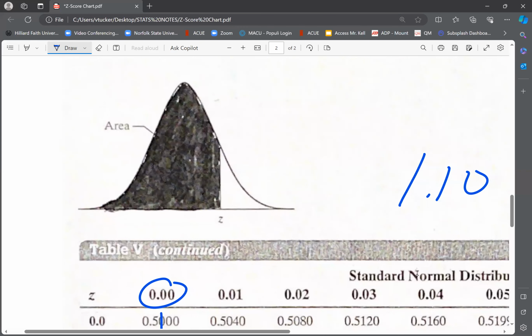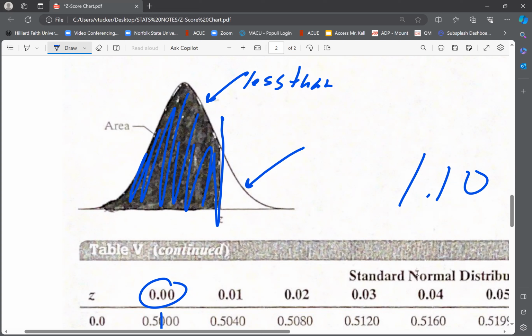Now, this chart gives us everything to the left, which represents less than. So if I want to know what is greater than, whatever's to the right of our Z-score, we have to subtract it from that 1, which is 100%. So if we ever want to find greater than, we take the chart value and subtract it from 1.